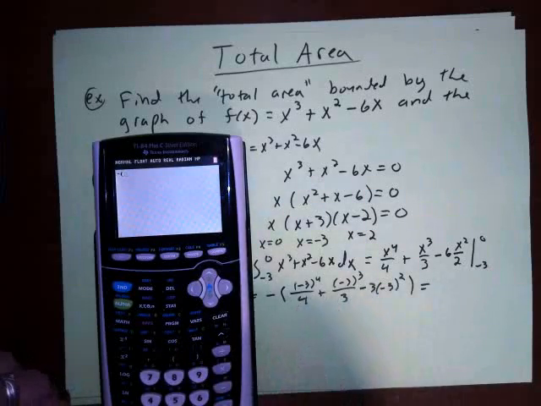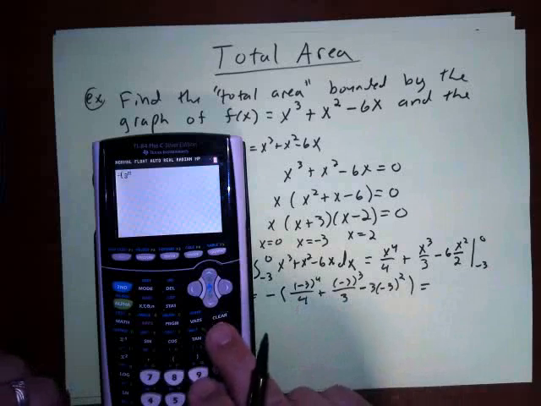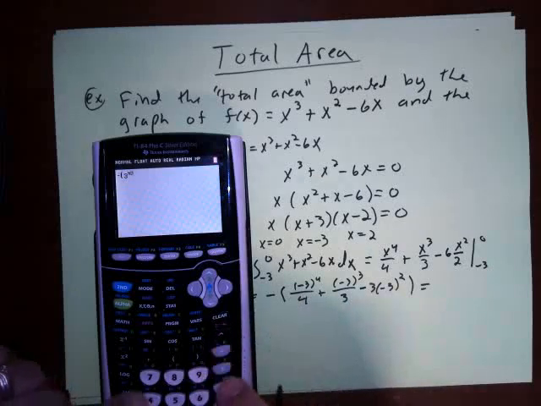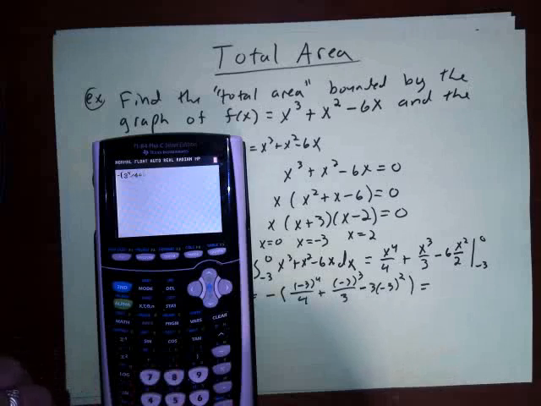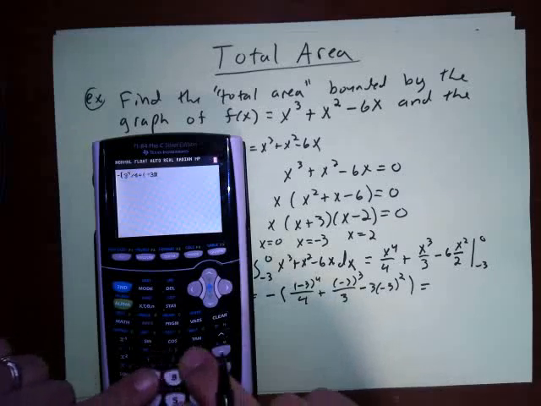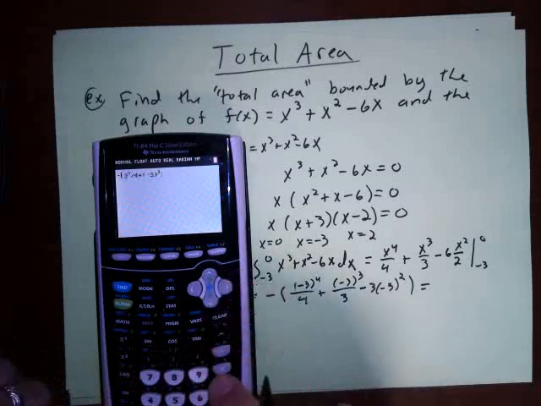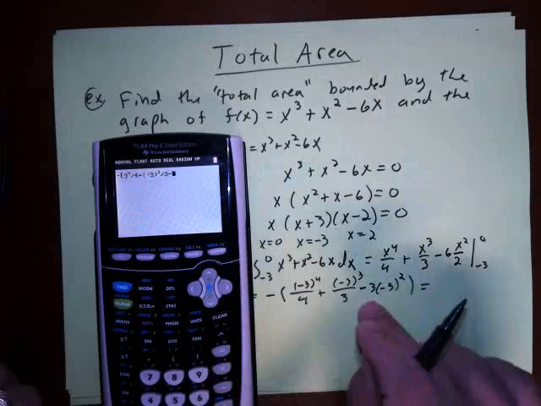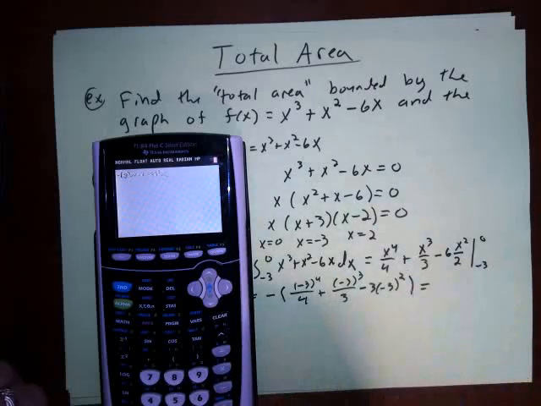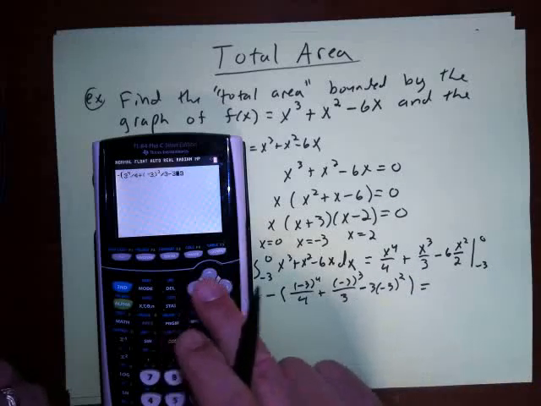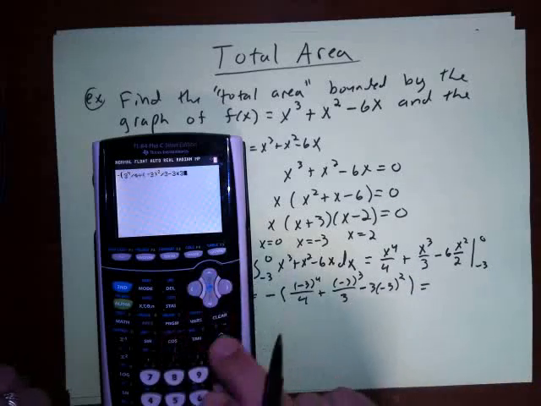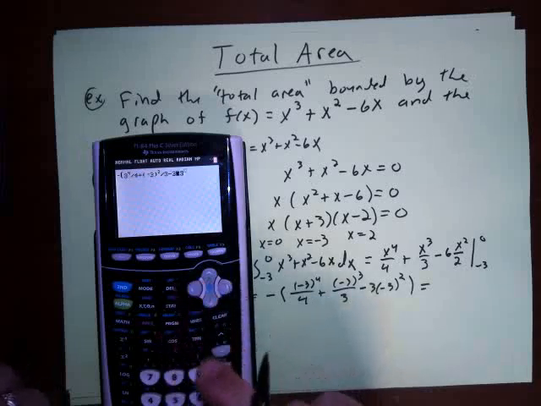So -3 to the 4th would be the same as 3 to the 4th, and I'm going to divide that by 4 plus, and then I'm going to take -3 cubed, and that's divided by 3, and then minus -3 times 3 squared, which is 9. So that's just -3 times 9.